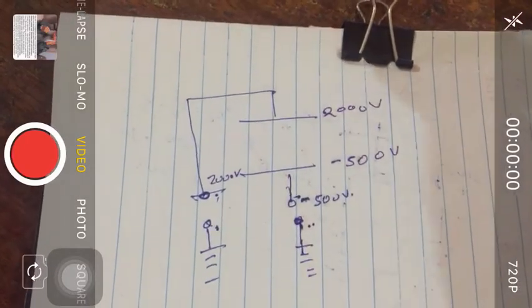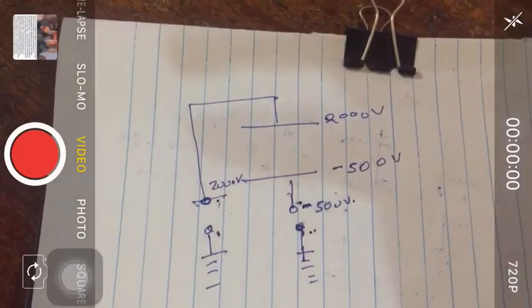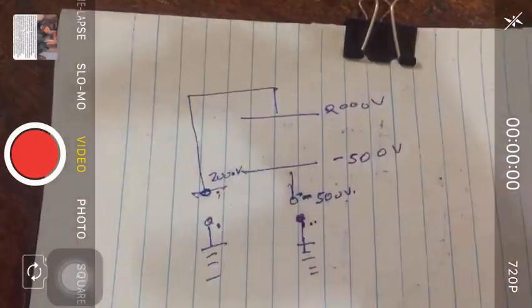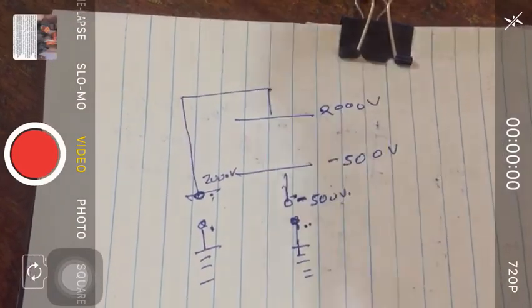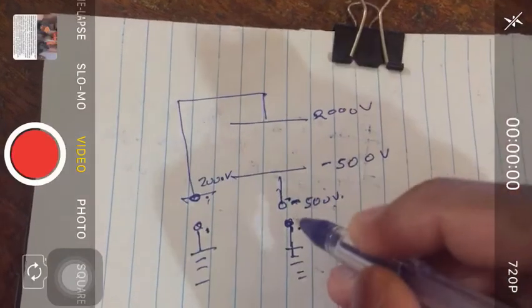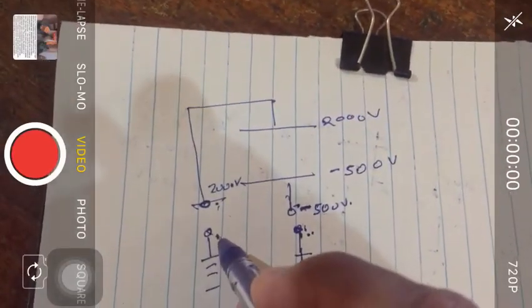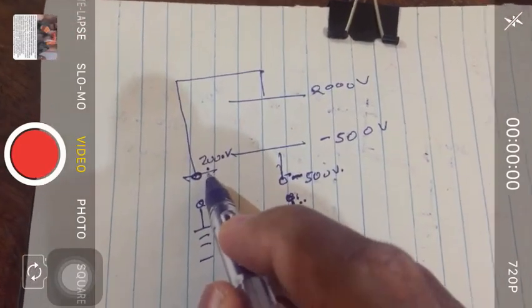What is the meaning of minus 500 joules of energy? The charge gives out 500 joules of energy when it goes from here to here. Now if you look at this, when it goes from here to here, it needs 2000 joules of energy.